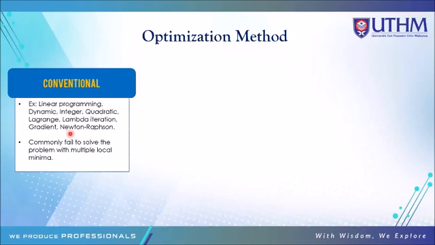The main weakness of conventional methods is that they commonly fail to solve problems with multiple local minima. In many engineering applications we have multiple local minima, and sometimes the algorithm will get trapped at a local minimum, because our purpose is actually to determine the global minimum.